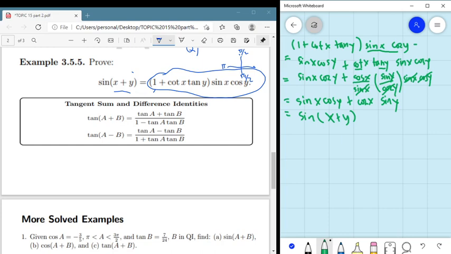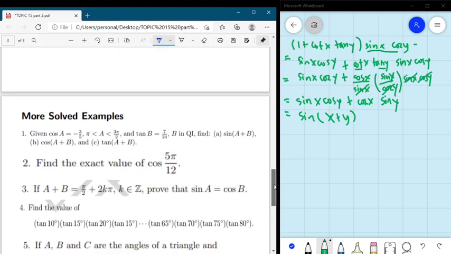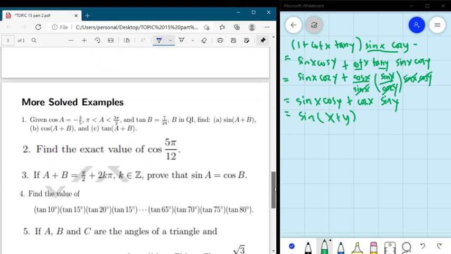Okay, so be familiarized with the different identities we have. Those are very useful in proving and verifying identities. So let us now proceed to more solved problems.